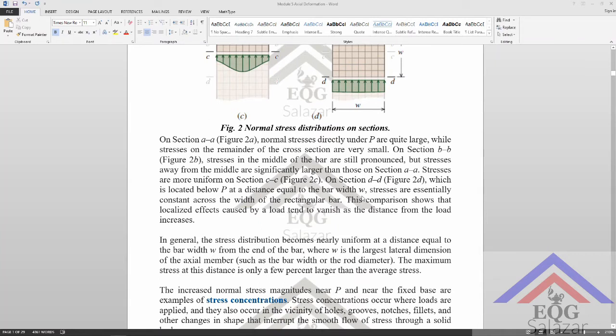So this comparison shows that localized effects caused by a load tend to vanish as the distance from the load increases. And this is where we will be capitalizing our study of axial deformation.